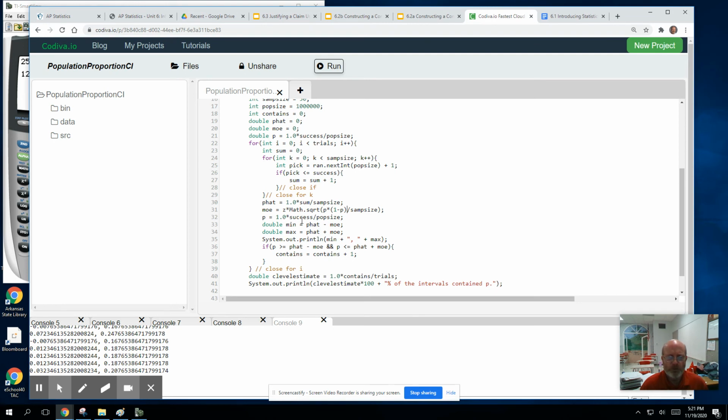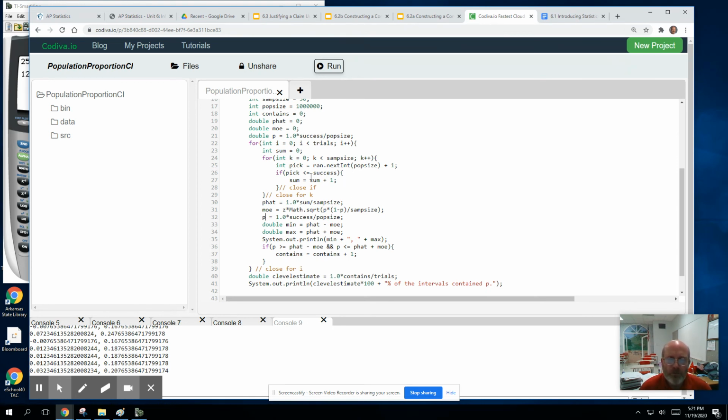Oh, because this is for different samples, different successes inside here. This recalculates P. This should be P hat. Oh, no, it's resetting it after it goes through the loop once. Okay, that's what that's doing.